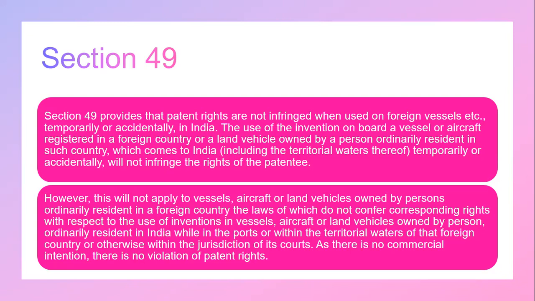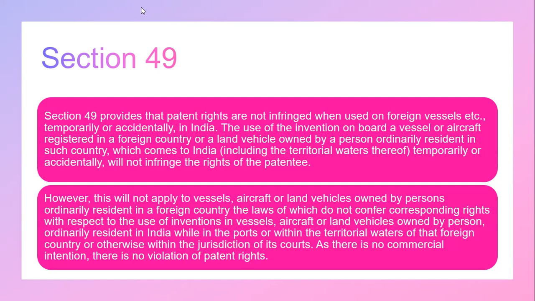So what does this mean? If the foreign vessel belongs to a country which is not giving reciprocal rights to Indian people. Say a French aircraft lands in India that uses a part which has a patent in India, and that vessel has come temporarily or accidentally. Then it is not a violation of patent rights, but if the French government is not giving the same right to Indian people, then section 49 will not apply.